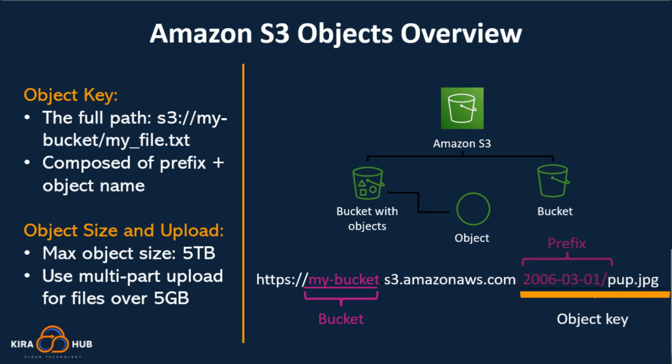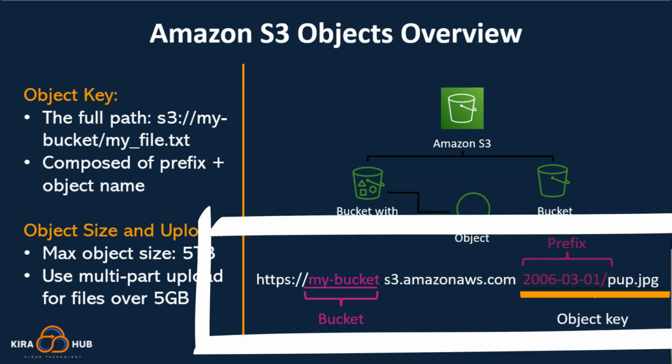Instead, it uses keys with slashes, as you see over here, to simulate folder structures. For instance, here, my bucket.s3.amazon.com, and then maybe a directory, which would be a prefix, and the name of that object. Here it was pub.jpg in this manner.